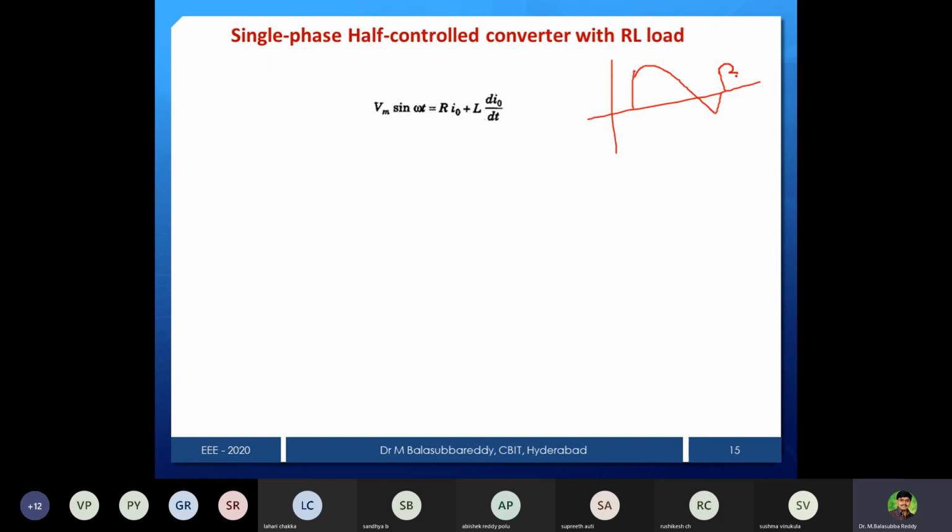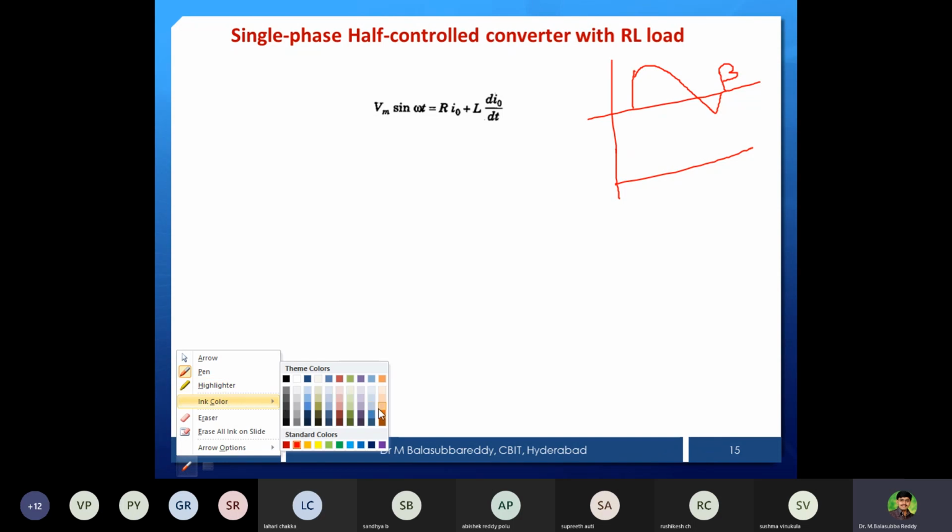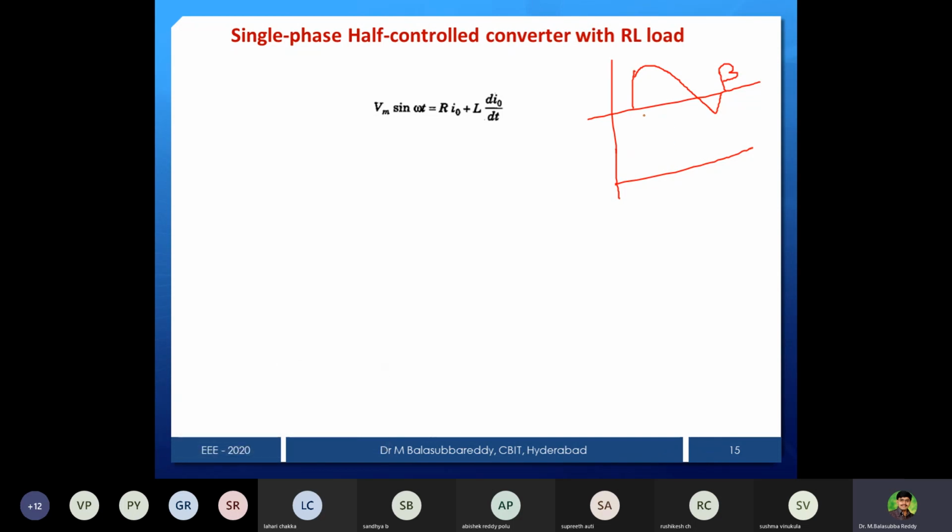This is the voltage waveform, and if you want, you can draw the current waveform also. This is the current waveform. Now we can notice that this is the alpha instant and this one is the beta instant.